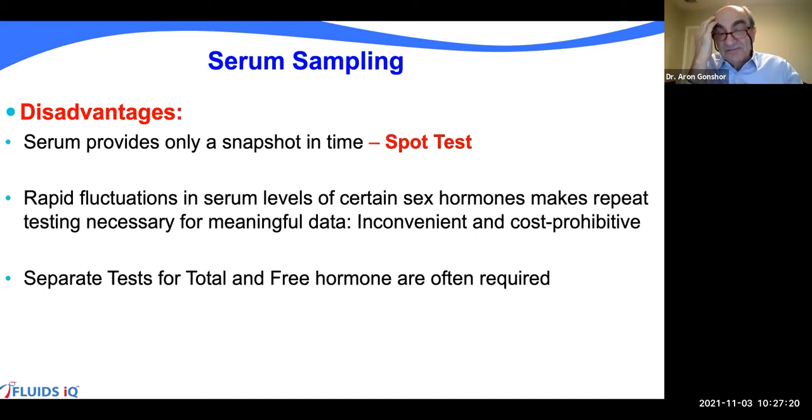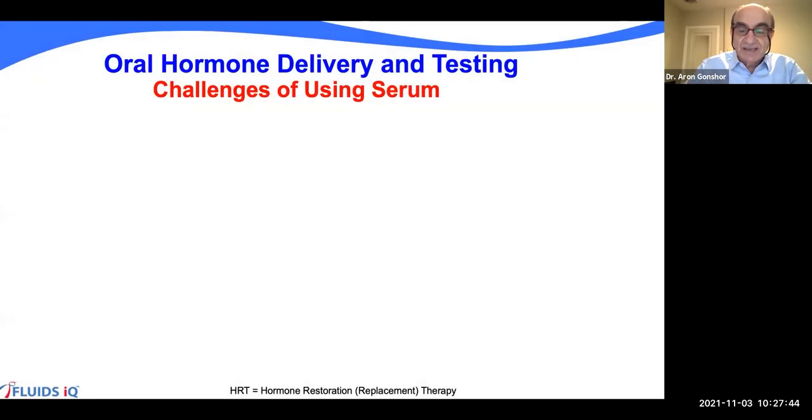That is inconvenient, to say the least, if you're doing it with blood testing, and can therefore be cost prohibitive. And if you're going to do that, you're also going to have to look at separate tests that are going to show you both the total hormone which is being picked up, that means the bound and the free portion of the hormone, and that in and of itself is an issue.